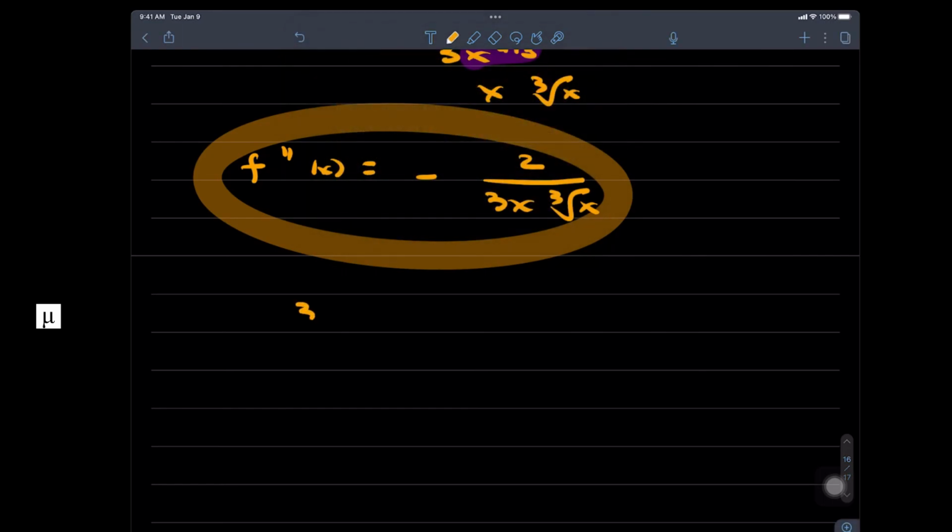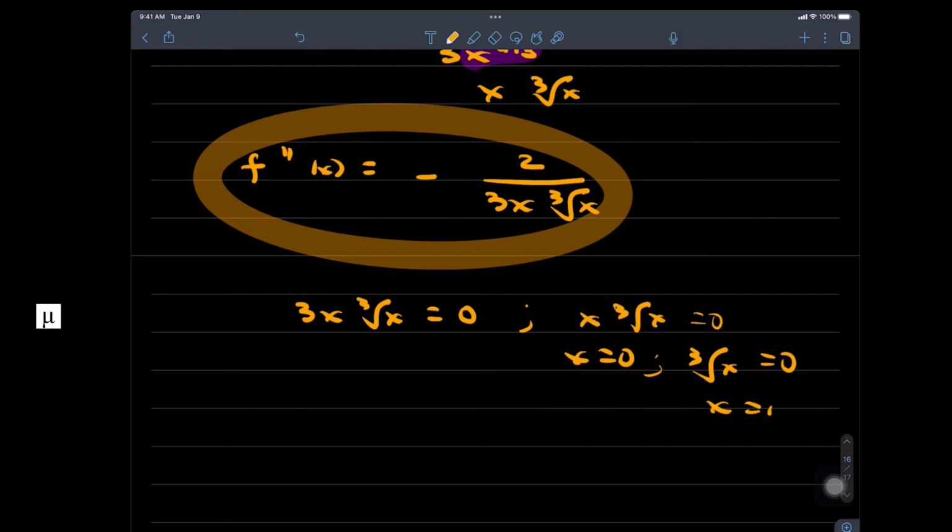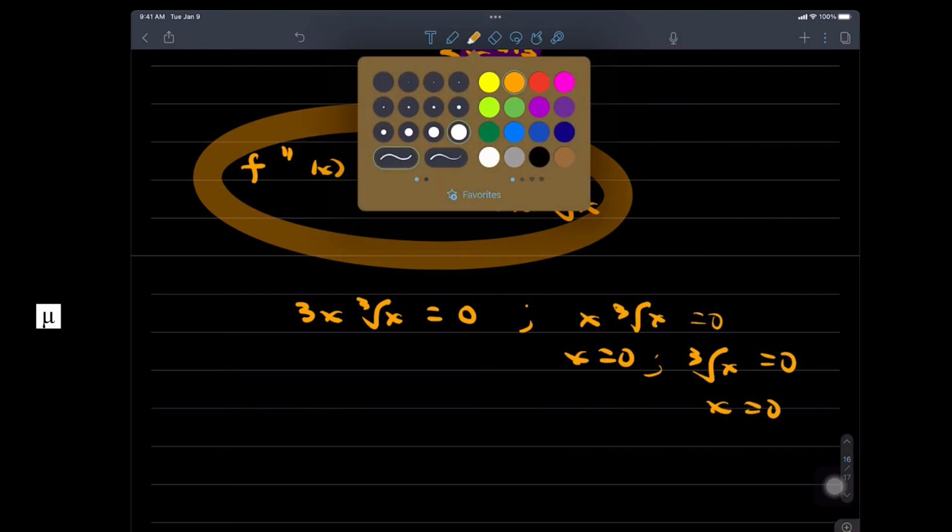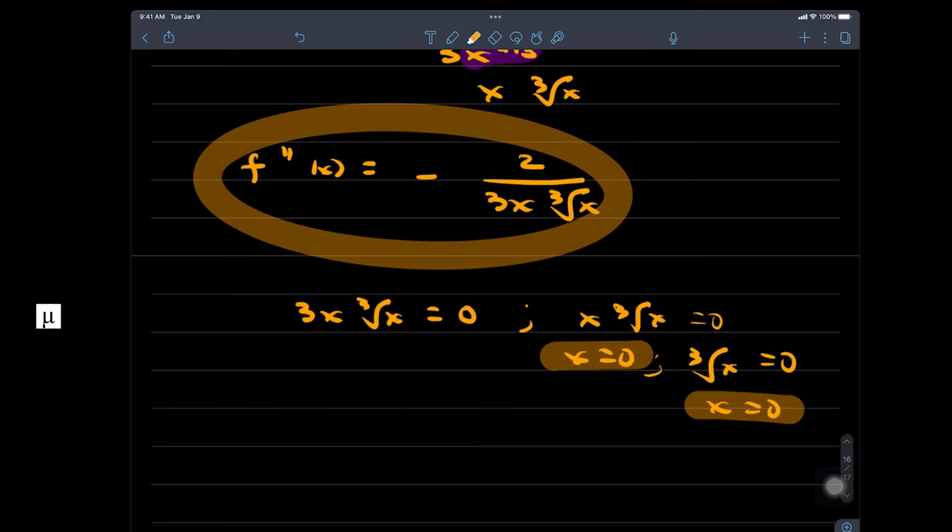You set the denominator equal to 0. That means x times the cube root of x is 0, which means x is 0 or the cube root of x is 0. This means x is 0. The point is, the second derivative is undefined at 0.